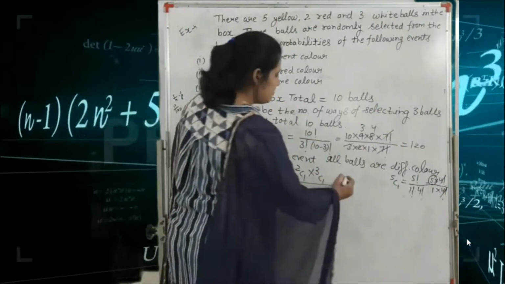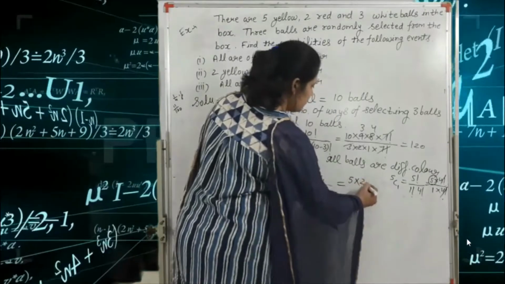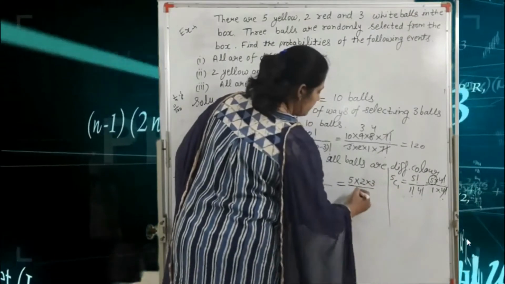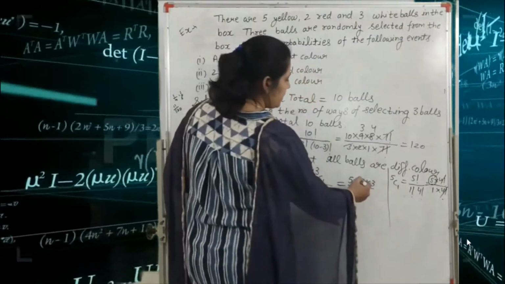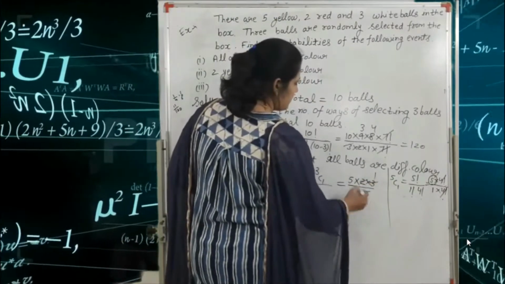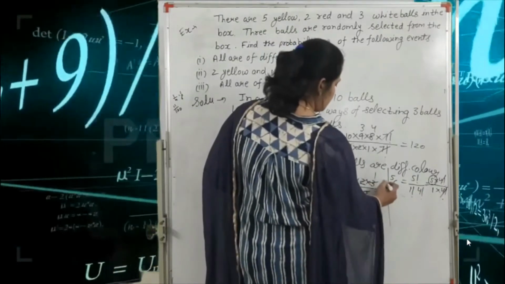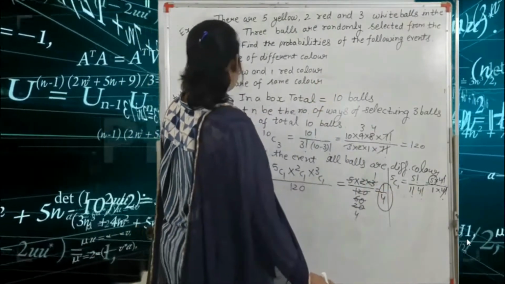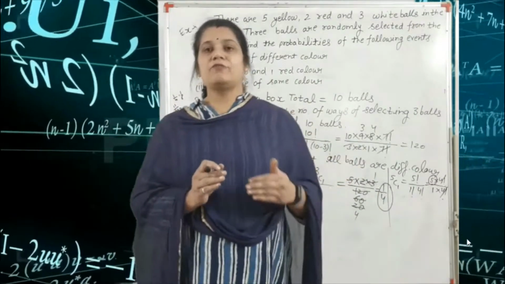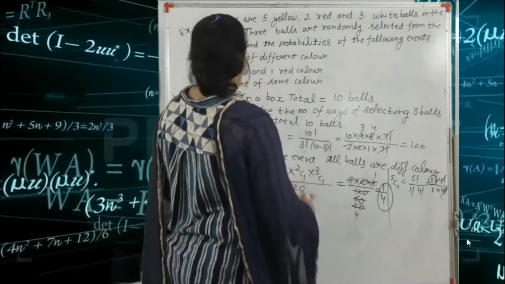That means 5C1 is equal to 5, 2C1 is equal to 2 and 3C1 is equal to 3. So over 120: 2 6s are 12, 3 2s are 6 and 5 4s are 20, so the total is 1 by 4. That means the probability of all balls being of different color is 1 by 4.